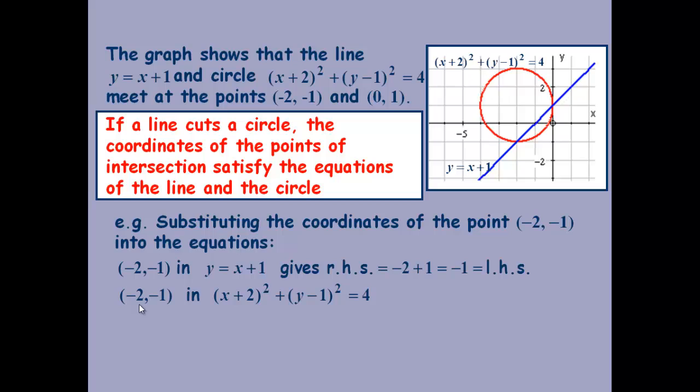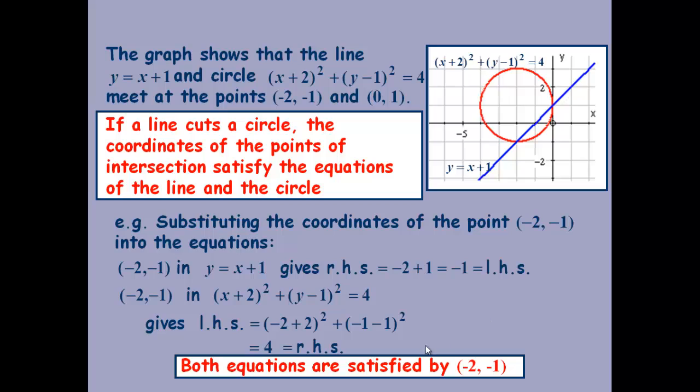And similarly, if we put the x and the y value from the coordinate pair into the equation of the circle, again, it works. We get the left-hand side equal to the right-hand side of the equation. So both equations are satisfied by the point -2, -1.